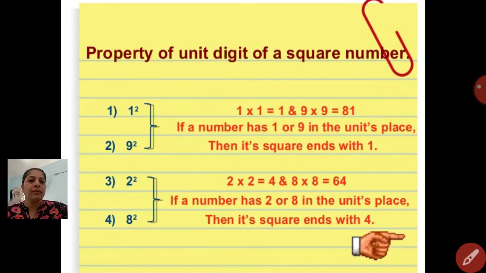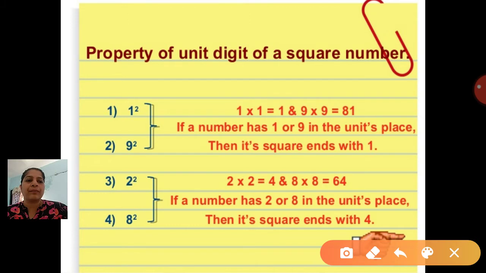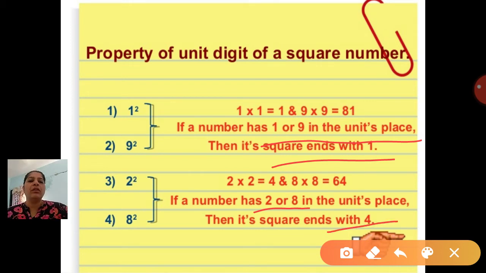Next, properties of the unit digit of a square number. If a number has 1 or 9 at its unit place, then its square ends with 1. In the same way, 2 or 8 in the unit place, its square ends with 4.